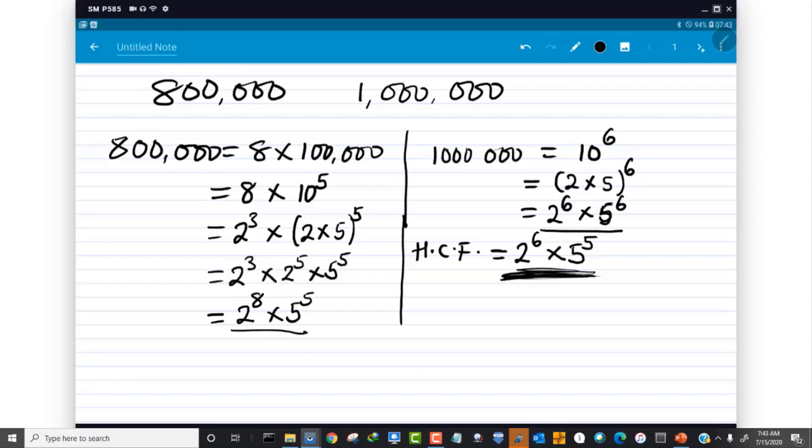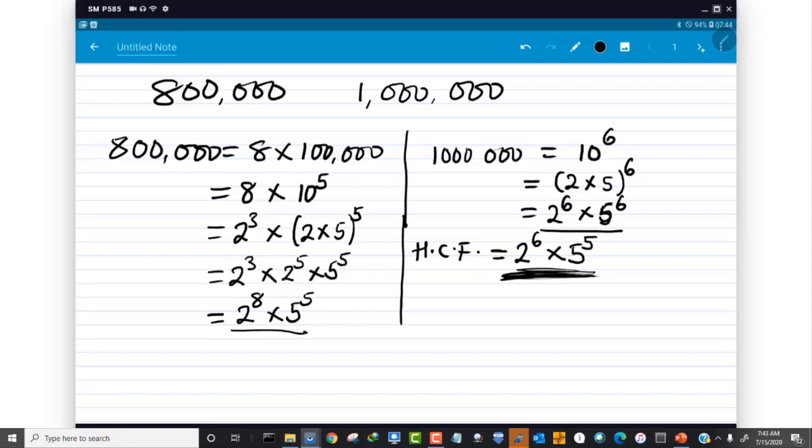Since we know that the number of factors of this HCF must be equal to the number of common factors of 800,000 and 1 million, our problem is solved. All we need to do is find the number of factors of the HCF.